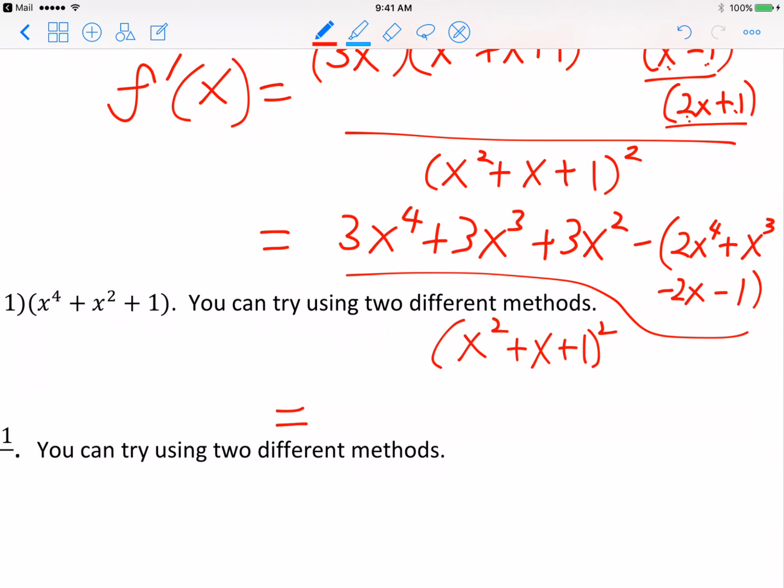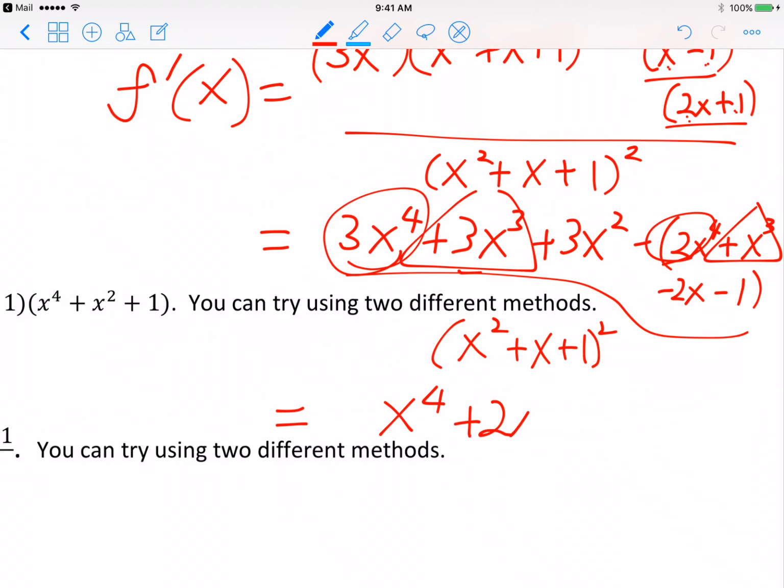And if you were to simplify this, you get 3x to the fourth power minus 2x to the fourth power, which ends up as x to the fourth power. You have 3x to the third power minus x to the third power, which gives you positive 2x to the third power. You have 3x squared, which is by itself, so plus 3x squared. And then you have negative of negative 2x, that becomes plus 2x. And then negative of negative 1 becomes plus 1.